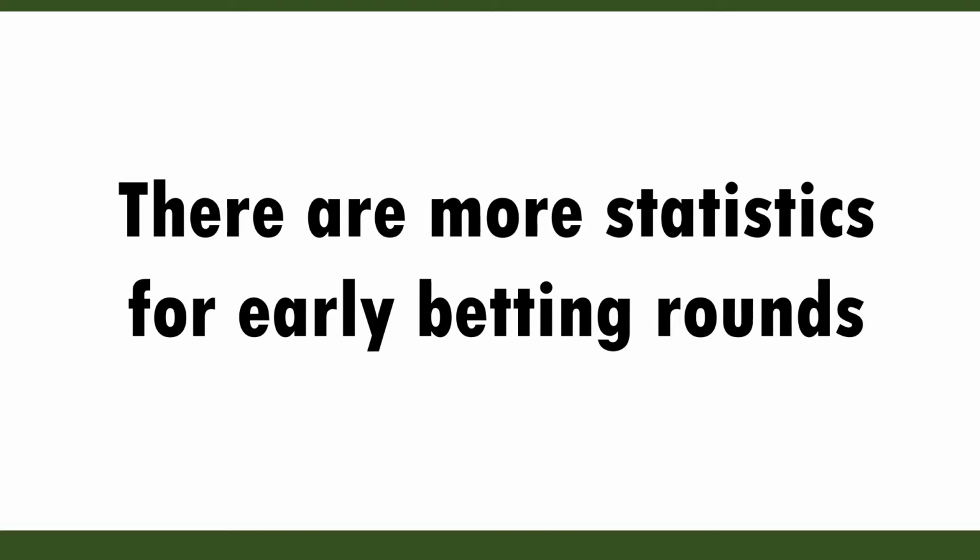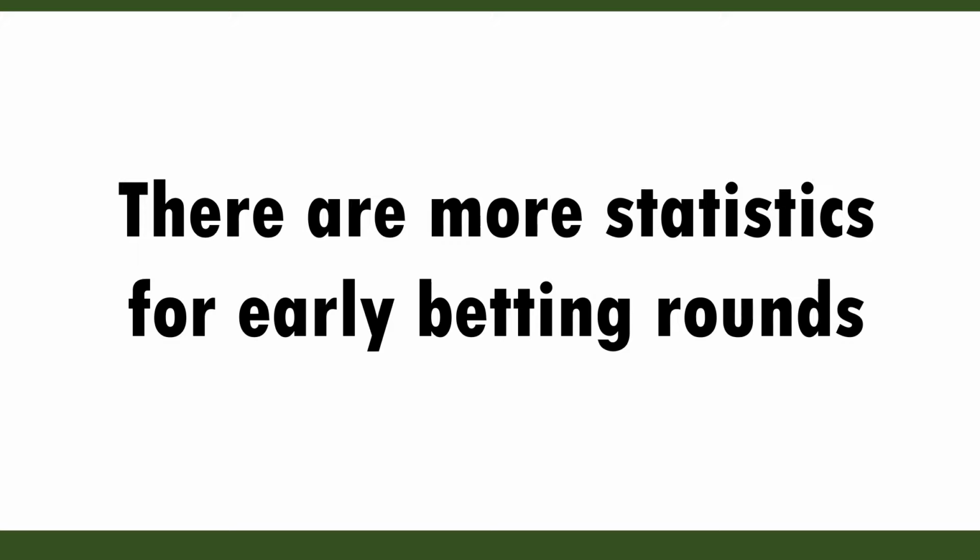The main reason that the information is frequently useless is because there's not enough data. The sample size on many statistics is too small to base a decision or strategy on. Obviously, there are always more statistics on the early betting rounds compared to the later betting rounds, and this is because players frequently fold before the later betting rounds.